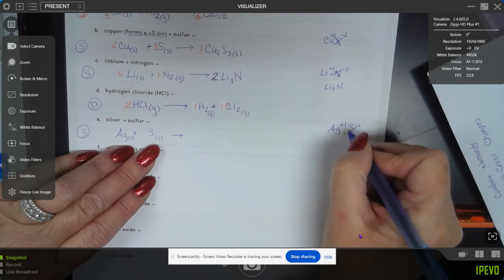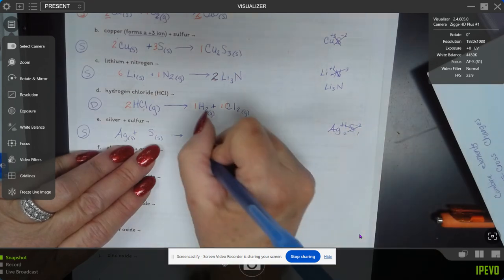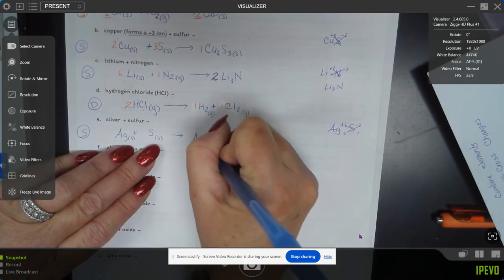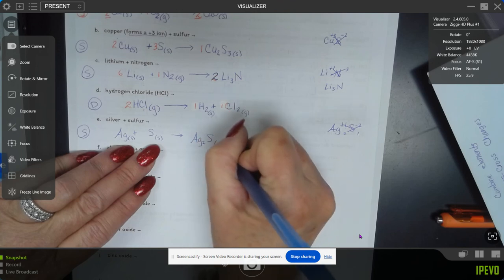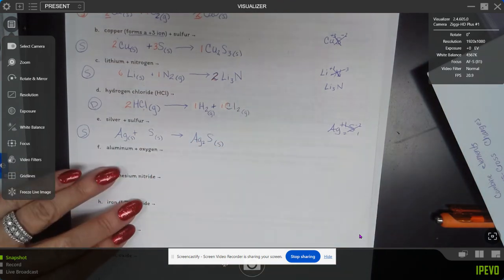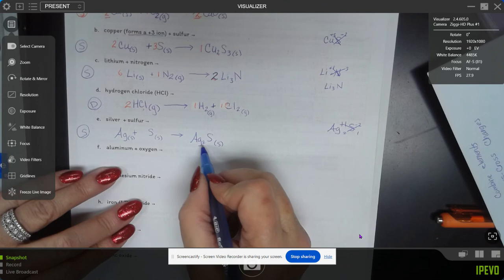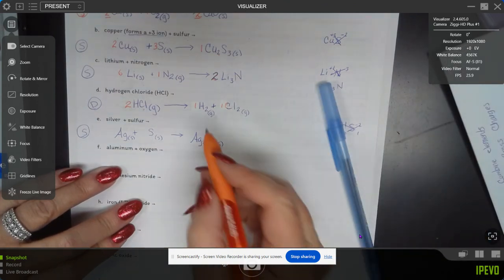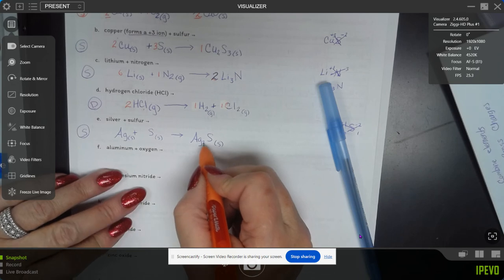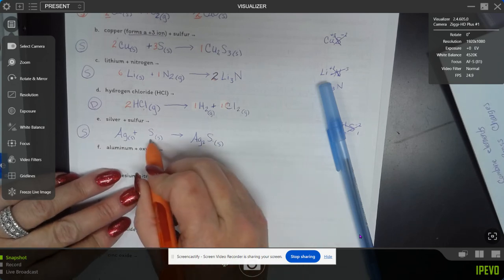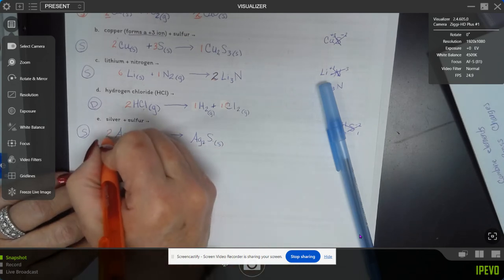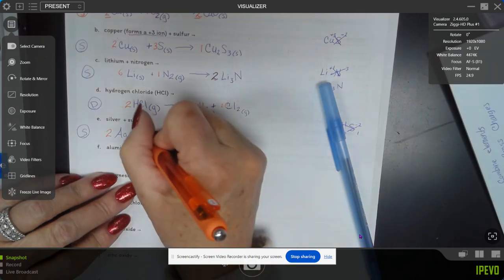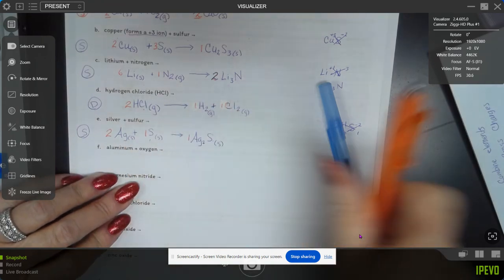So if I crisscross those, I get Ag2S, solid. Now, is this balanced? It's not balanced, but this is another one of those sweet ones where we've got 1 sulfur, 2 silver, 2 silver. So balancing that one was pretty easy.